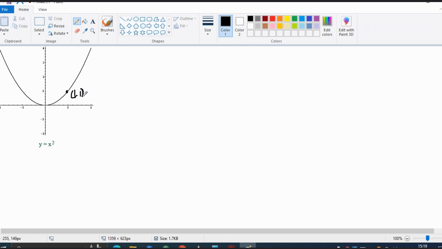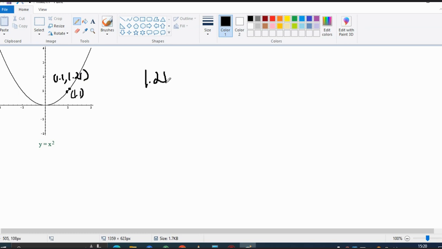Well, you can pick a point whose coordinates are really close to 1, 1. Like, let's say over here, 1.1. Now what's going to be the y coordinate? 1.1 square, which is 1.21. So now what's the rate of change of y with respect to x going to be?